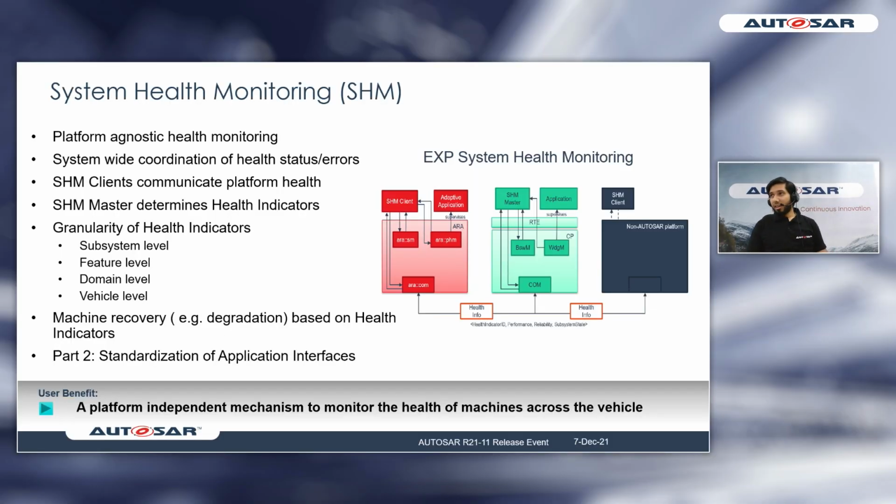The classic platform hosts a so-called system health monitoring manager, whereas the other two platforms host the clients. The whole idea was to have something that could give you an indication of the health, from a safety perspective, of different platforms within a vehicle.